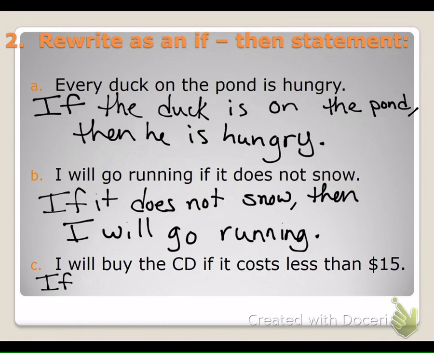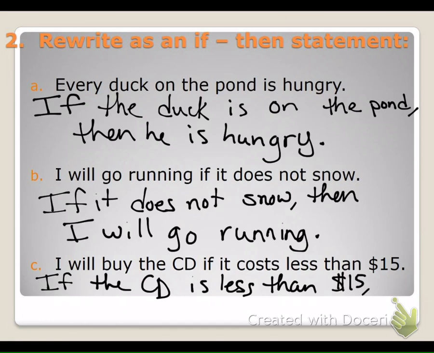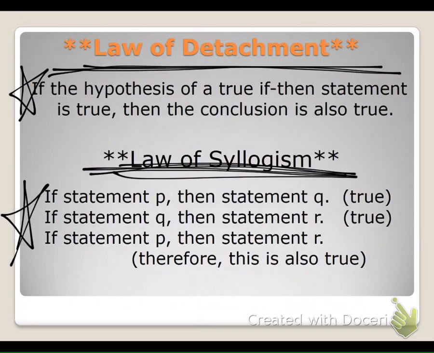So it makes the most sense if you say if the CD is less than $15, then I will buy it. So again, I don't think you need 100 of these in your notes, but pick one, go with it. Do you guys have any questions?